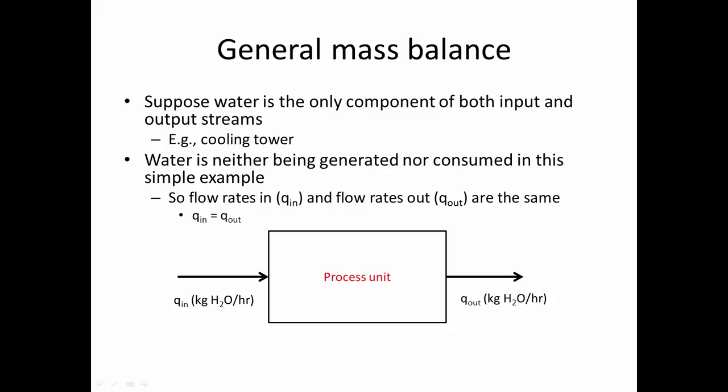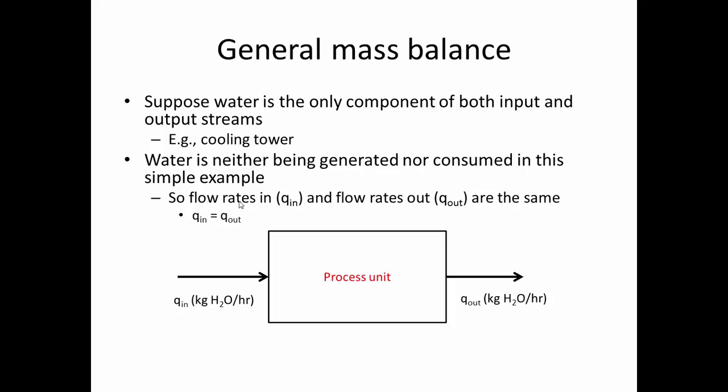So we can put together a general mass balance, and we can look at a process where water is the only component of both the input and the output streams. That might be something like a cooling tower, where water is used to cool some kind of process. Water is neither being generated nor consumed in this simple example. Likely all it's doing is just changing temperature, perhaps pressure a little bit.